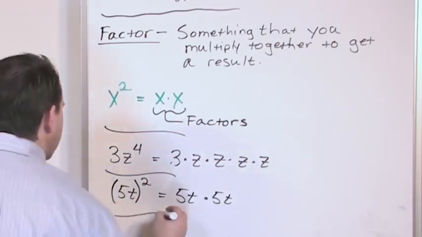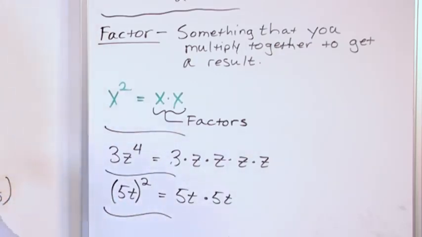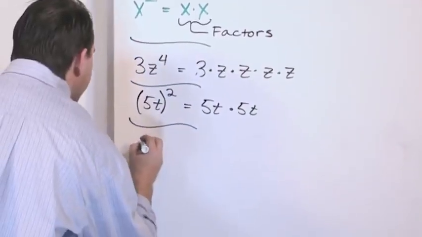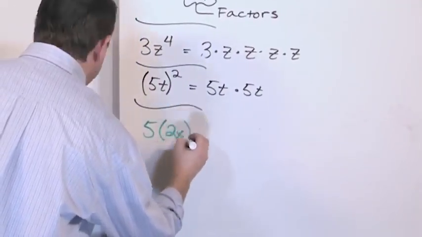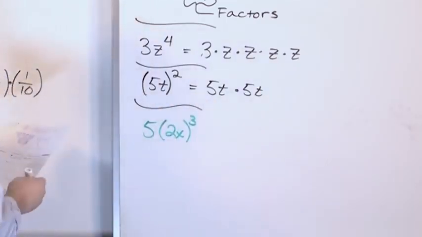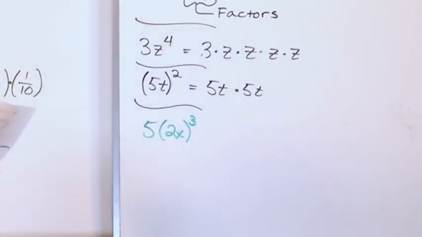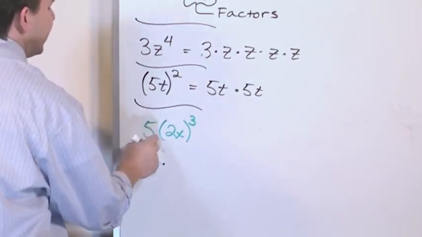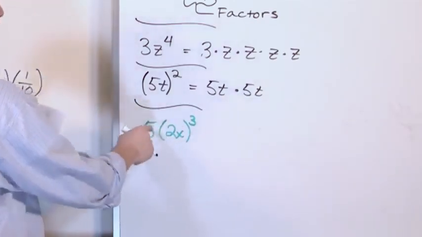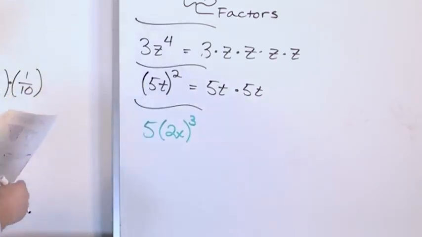Let me switch colors here just to break it up a little bit. Let's say we have 5 times, parentheses, 2x to the 3rd power. How do you think that's going to be written? 2x to the 3rd power. Well, like I said, the 5 is sitting next to something without anything in between, so you should really think of it as being multiplied.